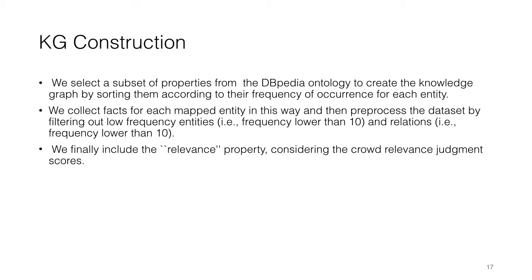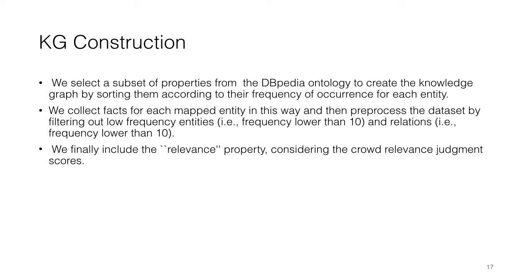For the entity Tom Hanks, DBO starring, which is actually a relation, appears 51 times in DBpedia. We set a frequency threshold to select the properties and included them in the knowledge graph we constructed. We add all the DBO properties where frequency is more than 10.